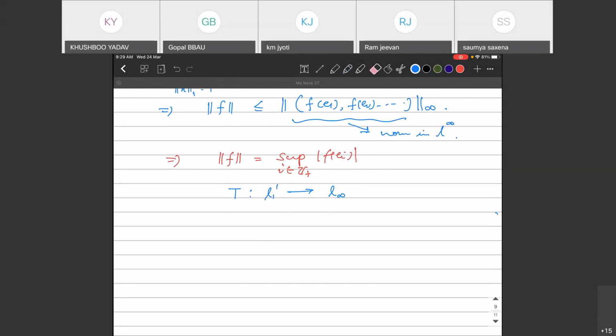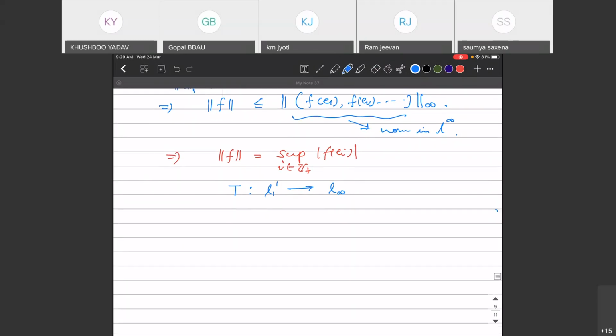Define a map T which sends F to F of e1, F of e2, and so on.